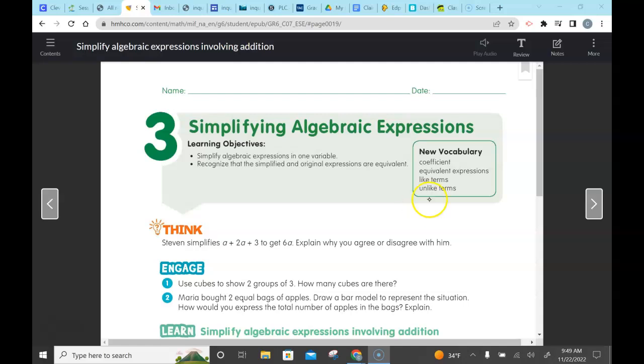Okay, we can think about unlike terms. 2a and 3 would be unlike terms. Even though there's whole numbers that we're looking at, 3 has to have the variable of a next to it in order for it to be a like term, or the 2 cannot be a coefficient, just has to be a 2 there for 2 and 3 to be like terms. And we'll explore this as we go through this lesson as well.